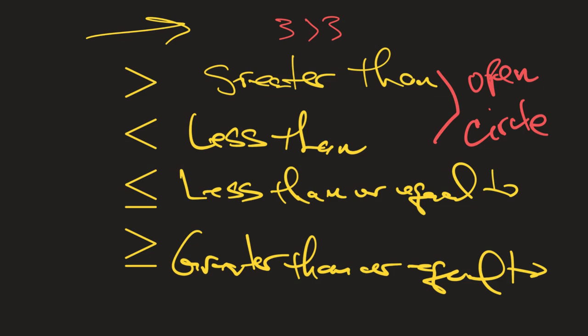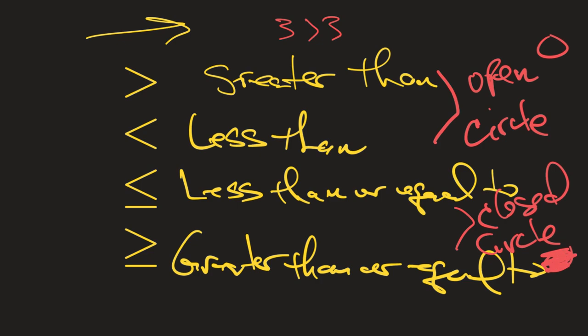Open circle means do not include that respective value. Well, if greater than and less than require an open circle, what do you think less than or equal to, greater than or equal to will use? A closed circle. Open circle versus closed circle. A closed circle means please include the value in your solutions.